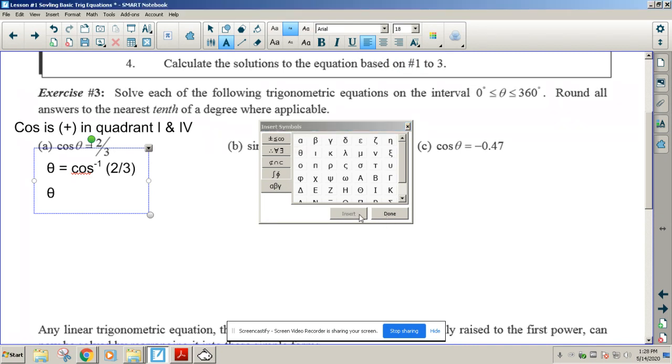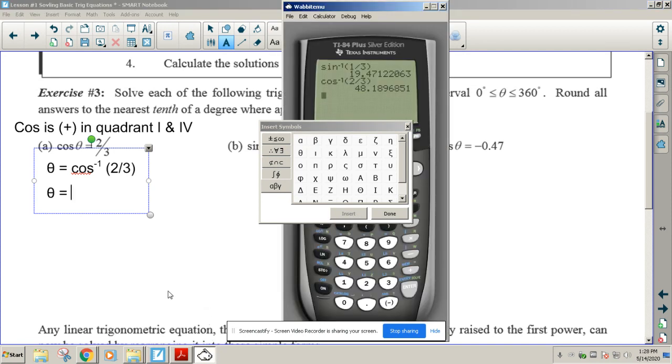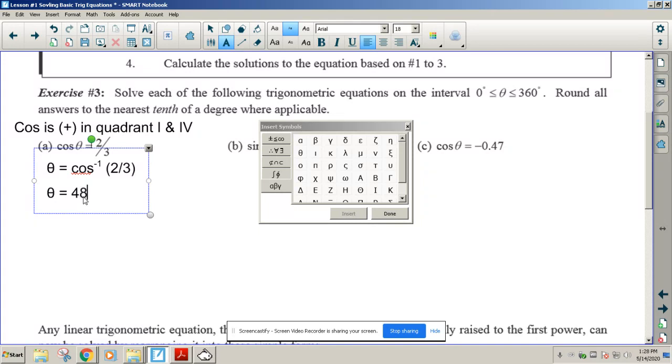My theta is equal to 48.2 degrees, and in quadrant 1, that's what I'm going to be. I'm a quadrant 1 angle, so I'm going to stay 48.2 degrees in quadrant 1.